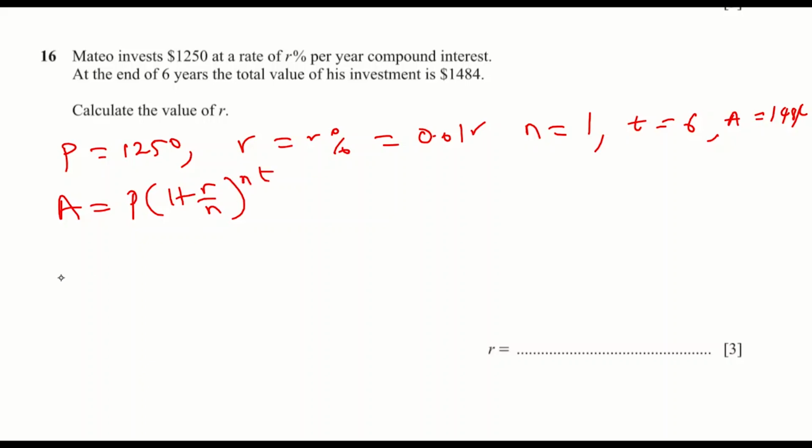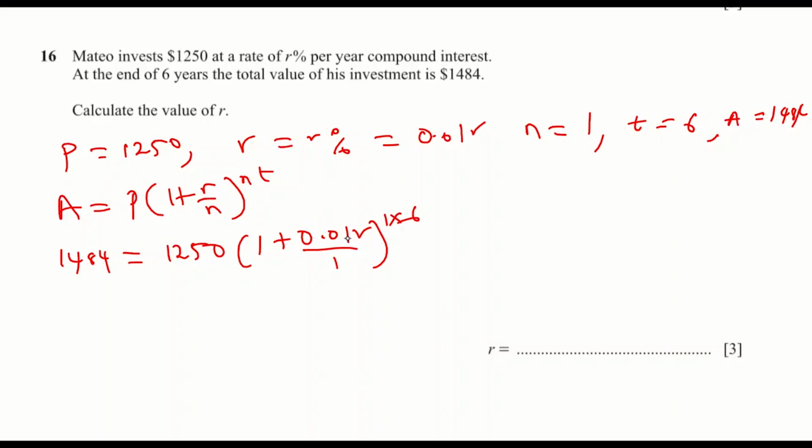If you substitute the values here, we have 1484 equals 1250 into 1 plus 0.01 R over 1 to the power of 1 by 6.